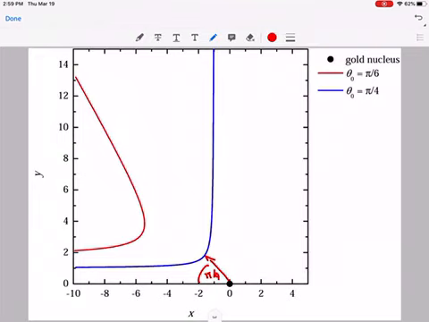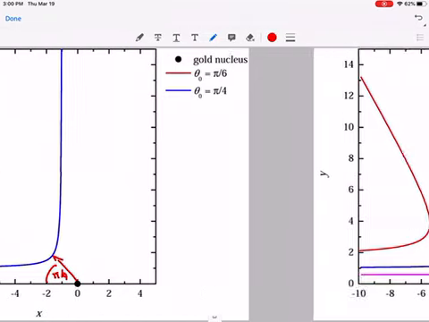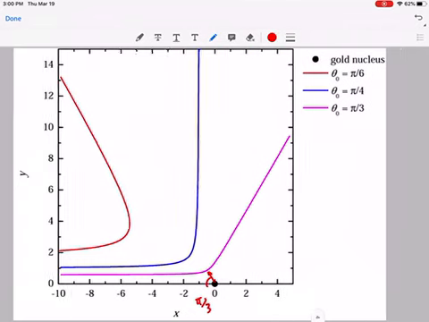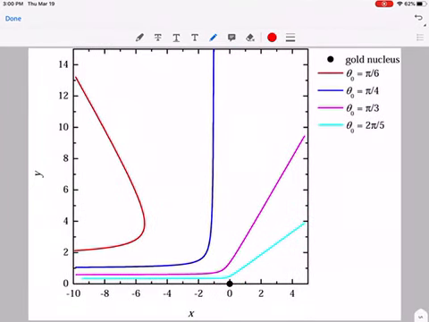And for this case, what we find is that the alpha particle comes in and scatters almost vertically up. And here's pi/3. So this is the angle in here, pi/3. And the last one I do, I think, is 2 pi/5.